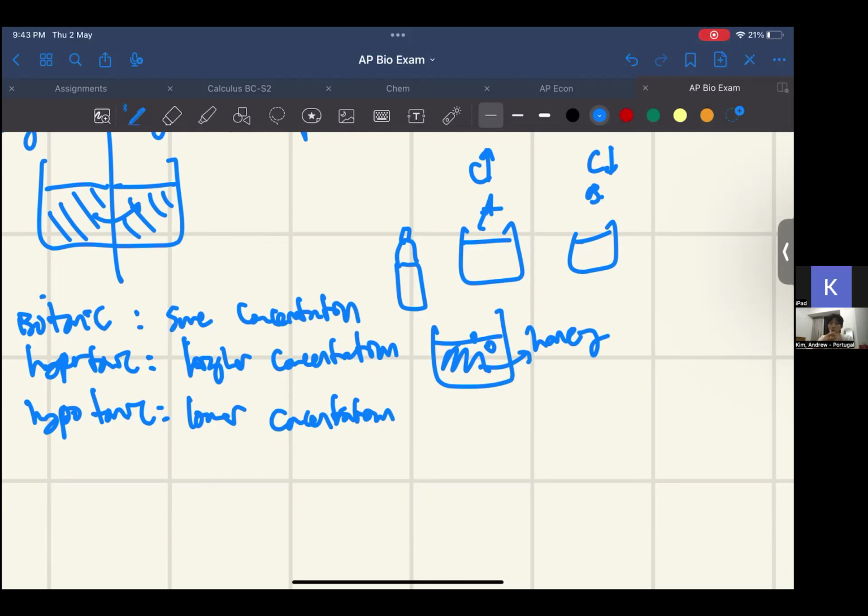So bacteria will lose all of its water, it will be dehydrated and die easily. In other words, no bacteria, no insect, no nothing can survive inside honey because of its high concentration, because honey is a very hypertonic solution. That's one example of a hypertonic solution.